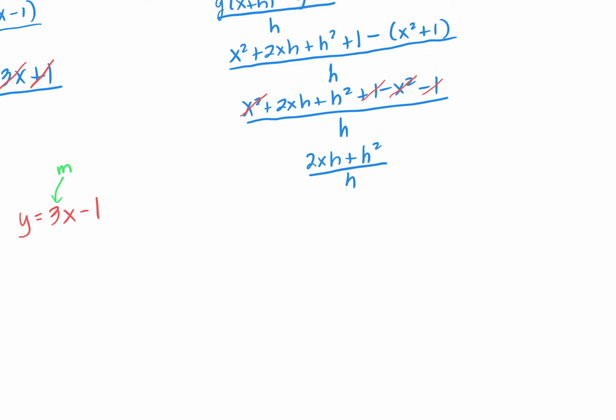Now think about factoring out an h. You have 2x plus h over h. And the h's cancel, which leaves me with 2x plus h.